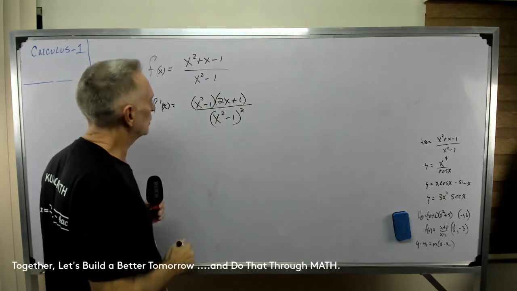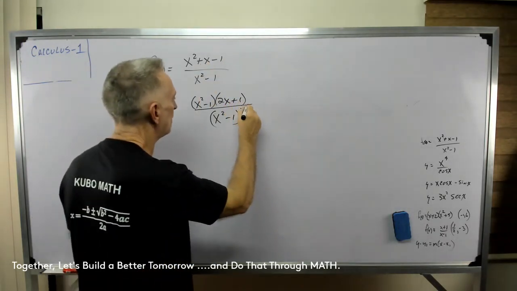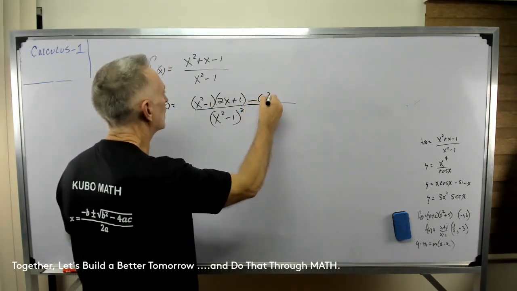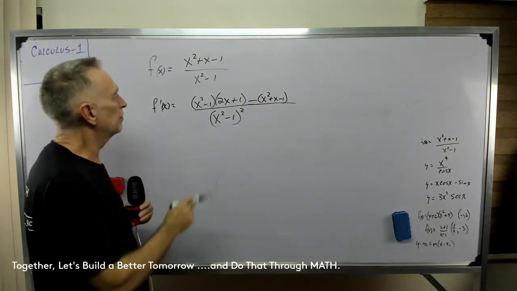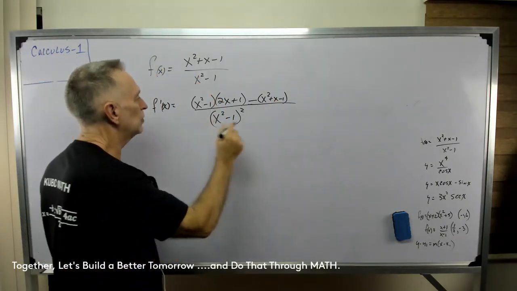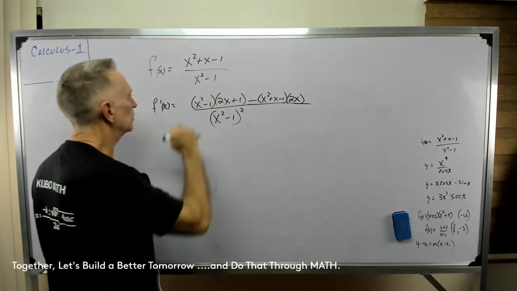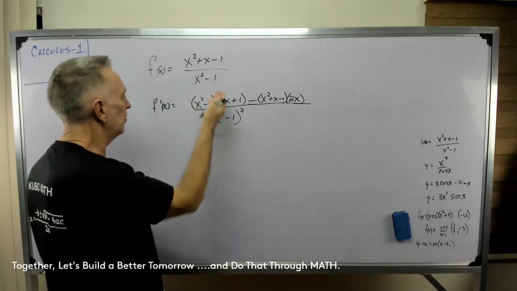Derivative of the constant is 0. So the bottom one times the derivative of the top, minus the top, x squared plus x minus 1, times the derivative of the function in the bottom, which would be 2x. Derivative of that constant is 0. And all of that's over the denominator squared.